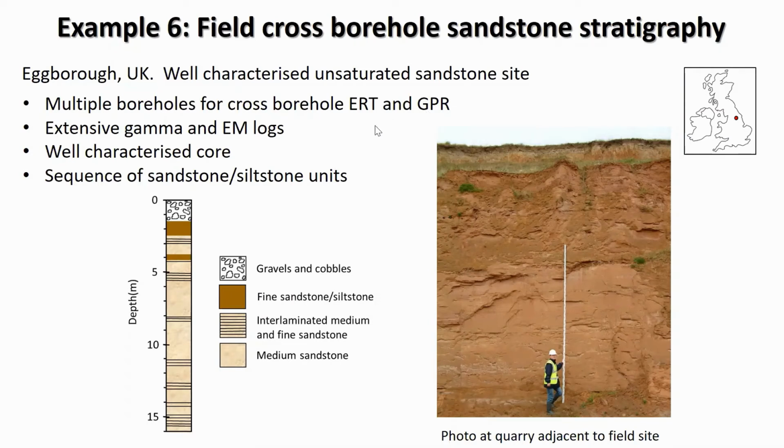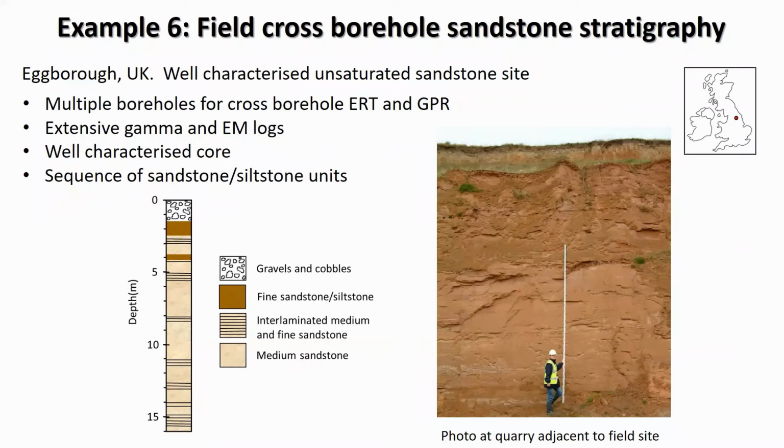So this site is an unsaturated sandstone down to about 17 meters, and the sandstone consists of a number of layers within this mass. It consists of some fine sandstone and siltstone, as well as medium sandstone, and that gives us some kind of horizontal structure within the unsaturated zone.